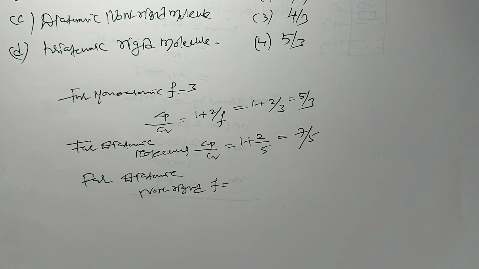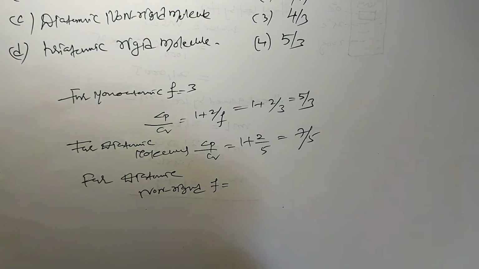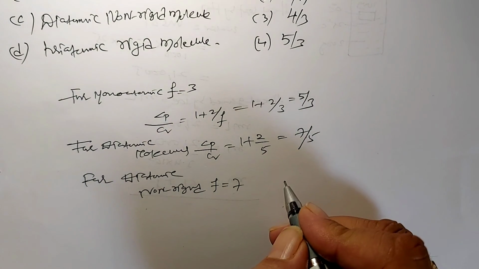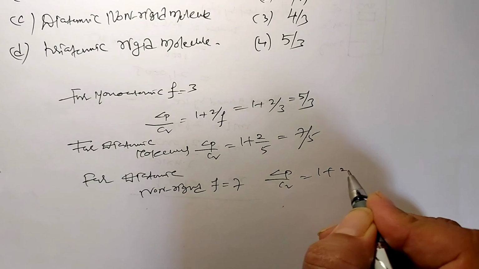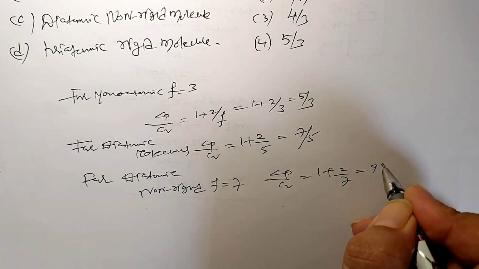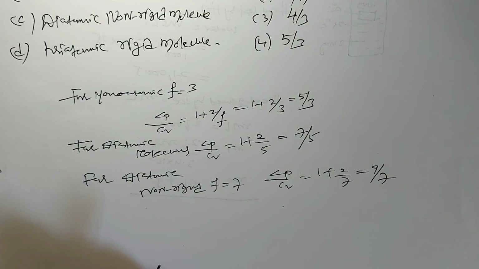The molecule possesses 2 energies in the vibrational degree of freedom. Total is 7 degrees of freedom. So Cp by Cv is equal to 1 plus 2 by 7, that is equal to 9 by 7.